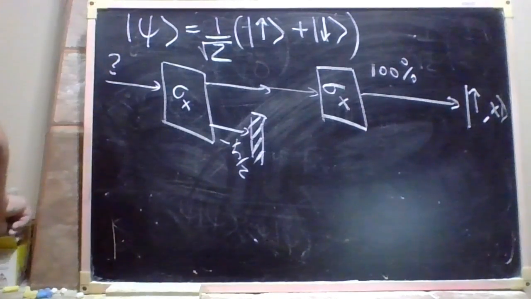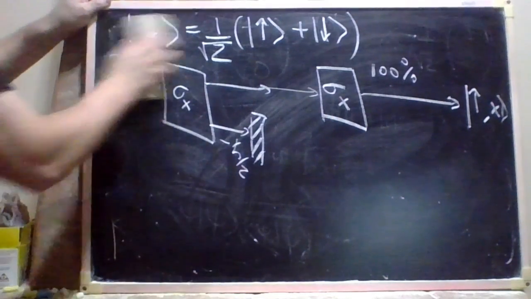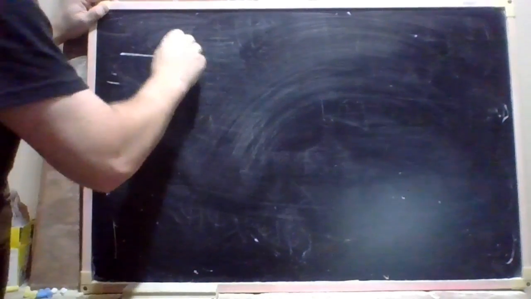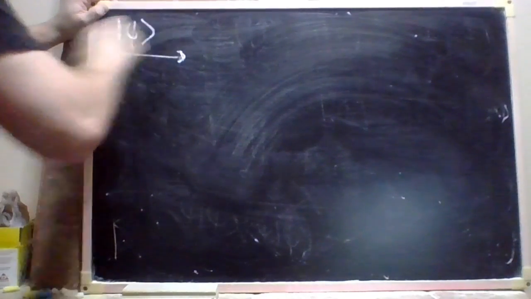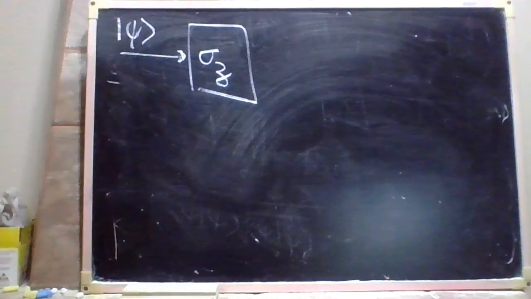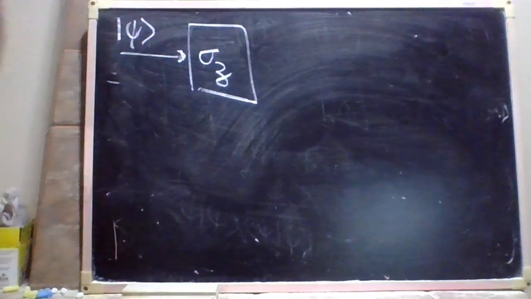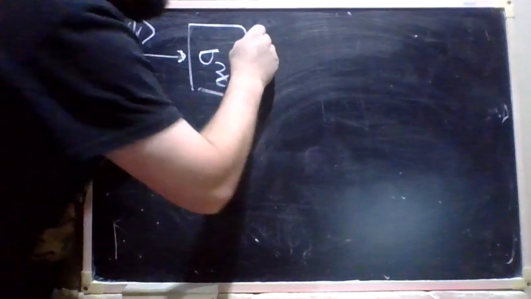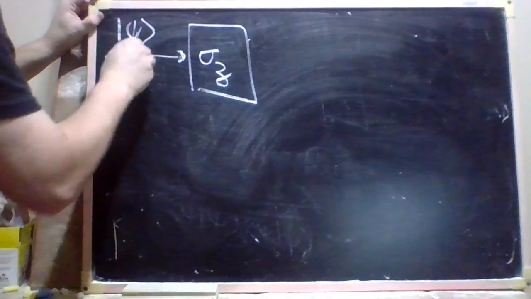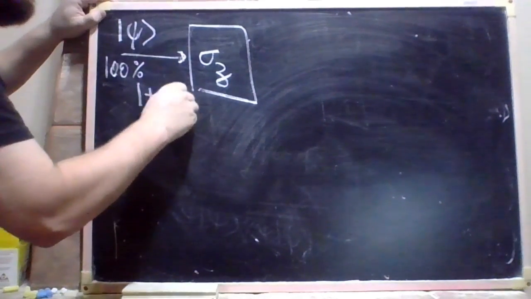Now, if you have this thing here, you prepare the state, you can pass it. So psi, you can pass it to a sigma of z measurement system. It's just rotating the magnetic fields to perform the new measurement in the case of spin. And in this case, here you have 100% of plus or up in the x direction.